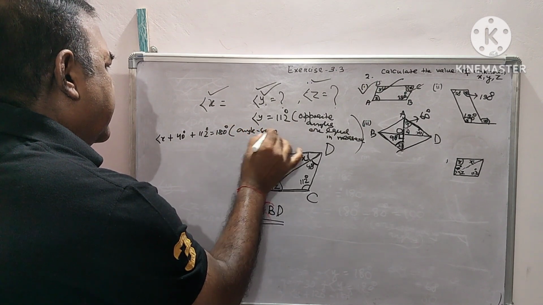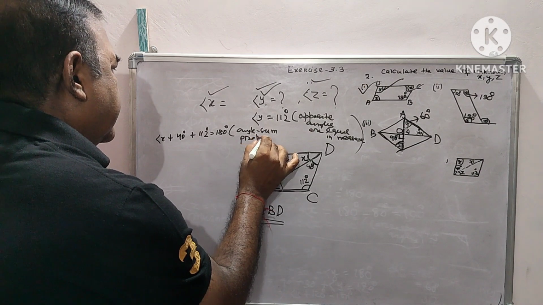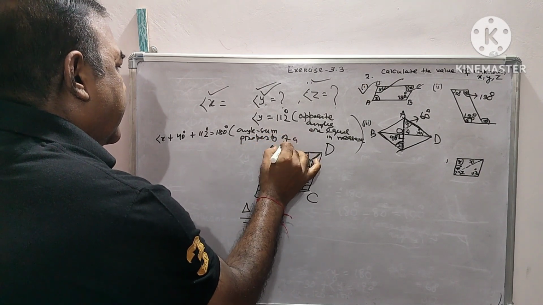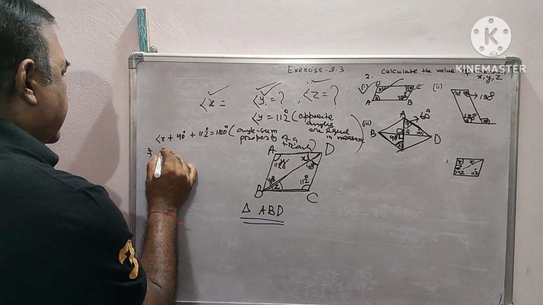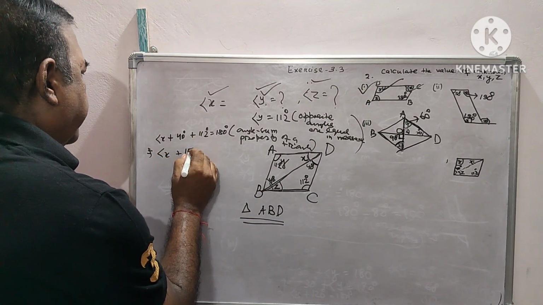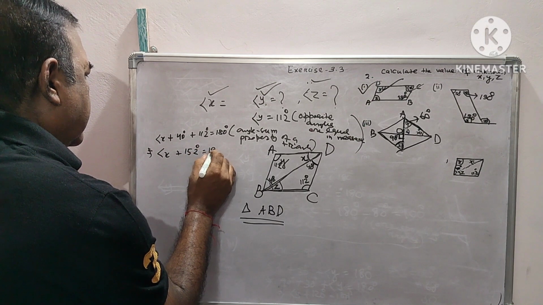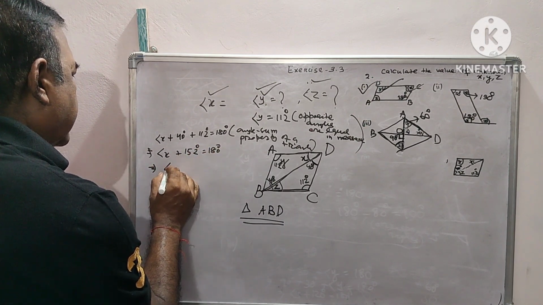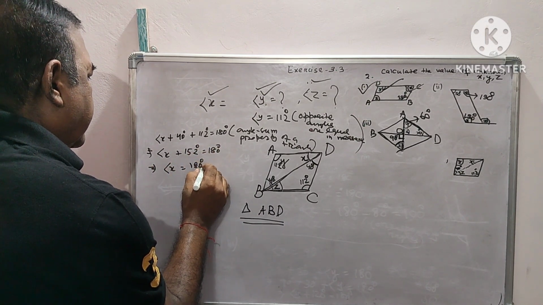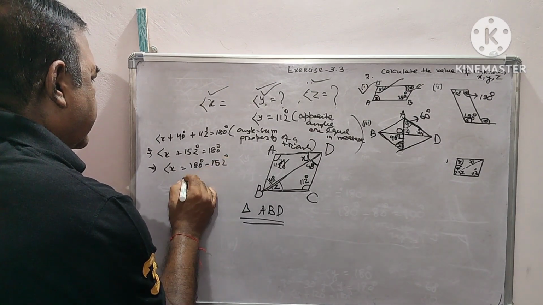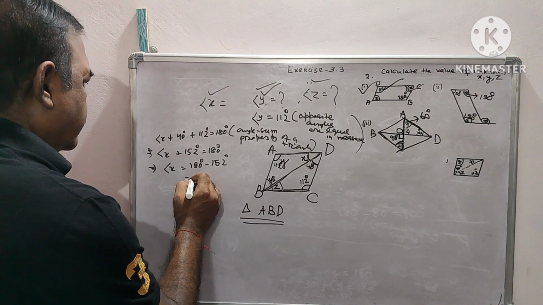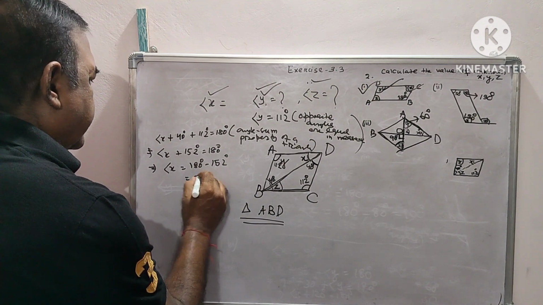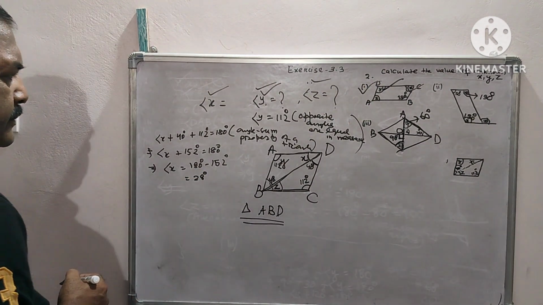Angle sum property of a triangle. That implies angle x plus 152 degrees is equal to 180 degrees. That implies what is angle x? 180 degrees minus 152 degrees. So that is 28 degrees.